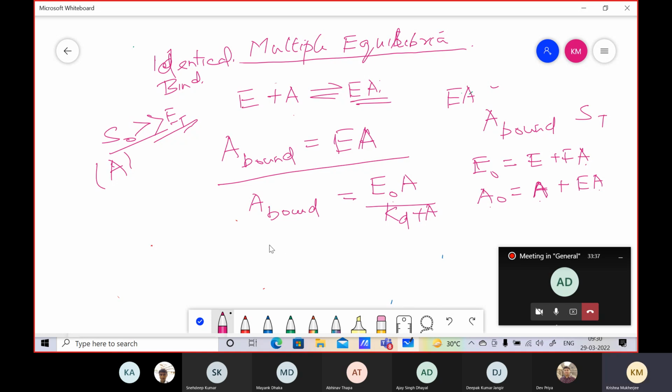So what is A bound equal to? Is this all right, or is it not clear? I wrote it straight away, just the same way we discovered. Remember, there is a bound amount, and the rest are free. The bound is nothing but EA itself. If you are not replying, I assume it's all right.